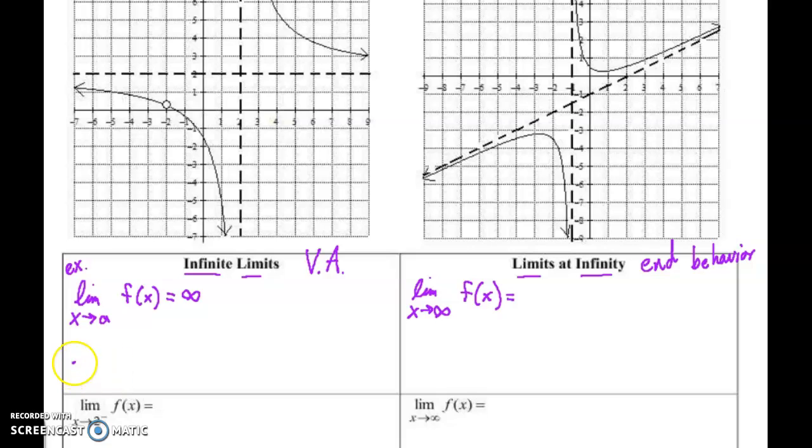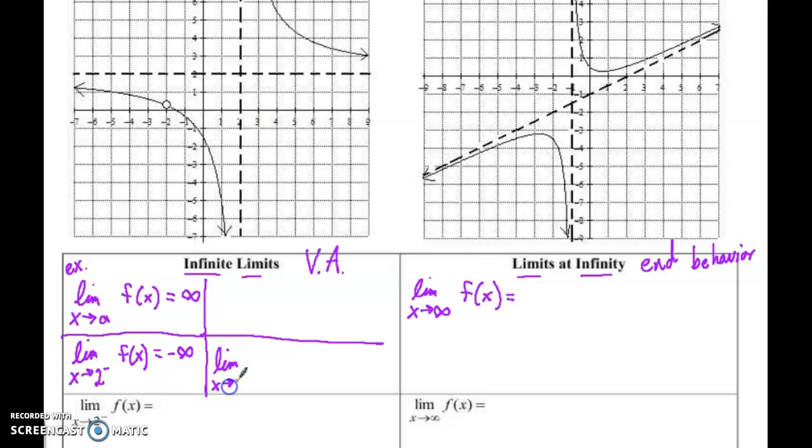So if I were to ask you the limit as x approaches 2 on the left side of f of x, well, since it's the left side, it's going infinitely down. And then just switching one thing about this, if we were to change it to limit as x approaches 2 on the right side of f of x, it's going infinitely up.